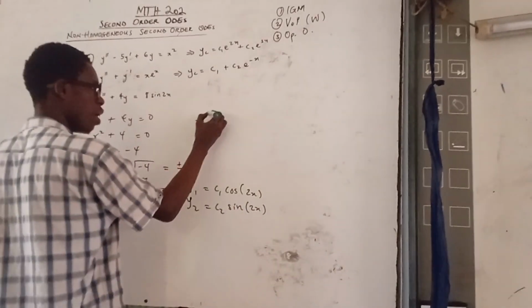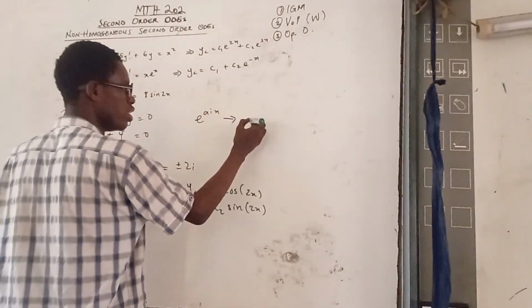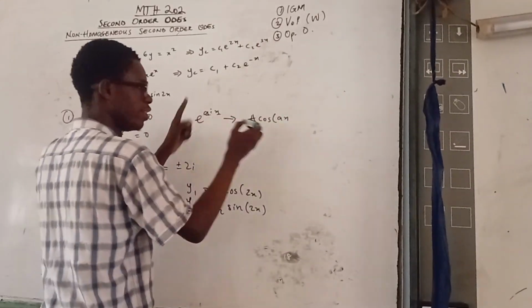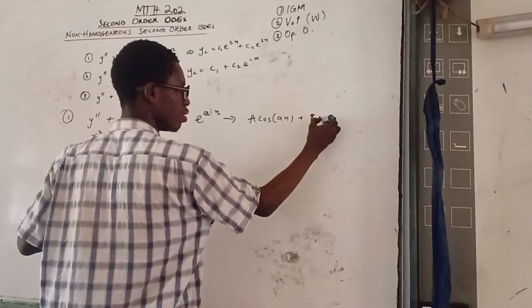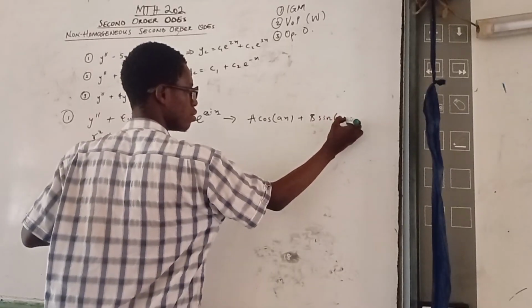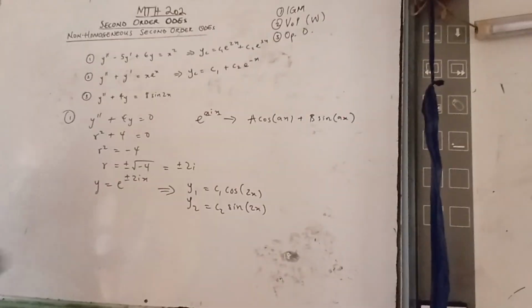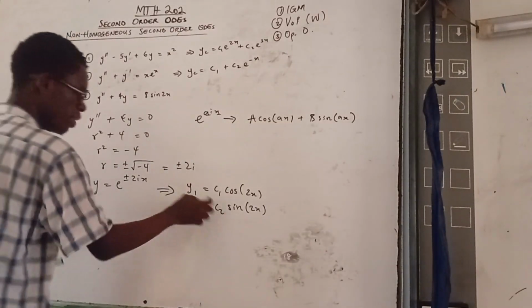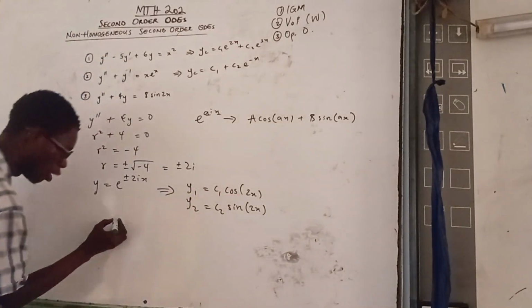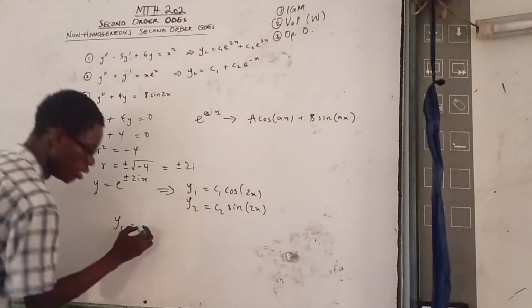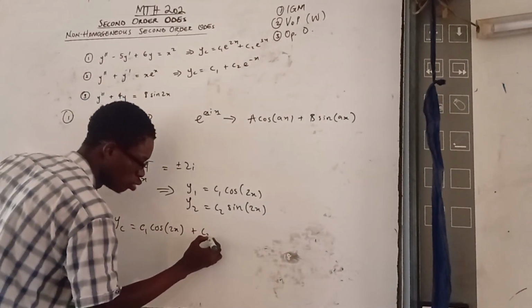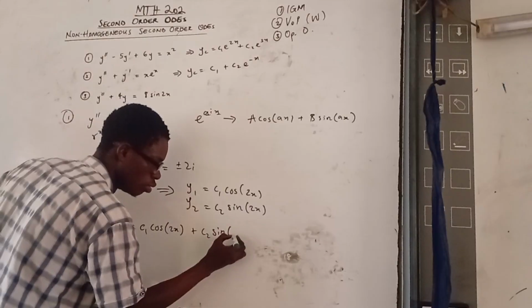If we have e raised to power aix, this is going to give a cos ax plus b sin ax. That's the solution for any complex number that we have. So our y complementary will now be c1 cos 2x plus c2 sin 2x.